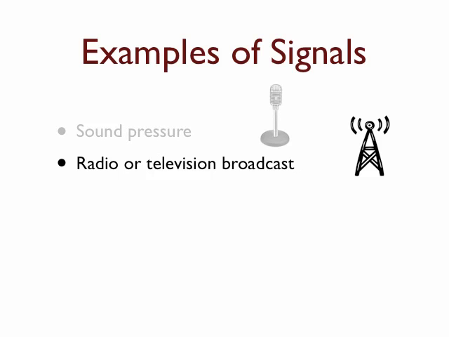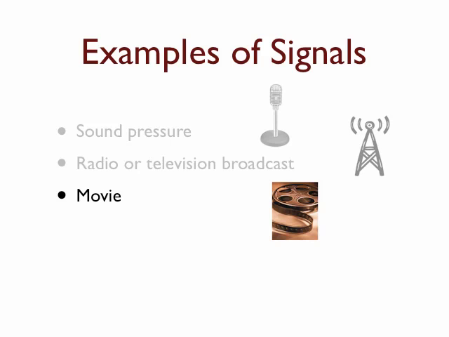We could consider a radio or television transmitter broadcasting a program and look at the electromagnetic wave that leaves the antenna, and that's also a signal. A movie is a signal that varies in both space and time, since the color varies within each frame depending on the spatial location of the pixel, and over time each pixel is also changing its color.